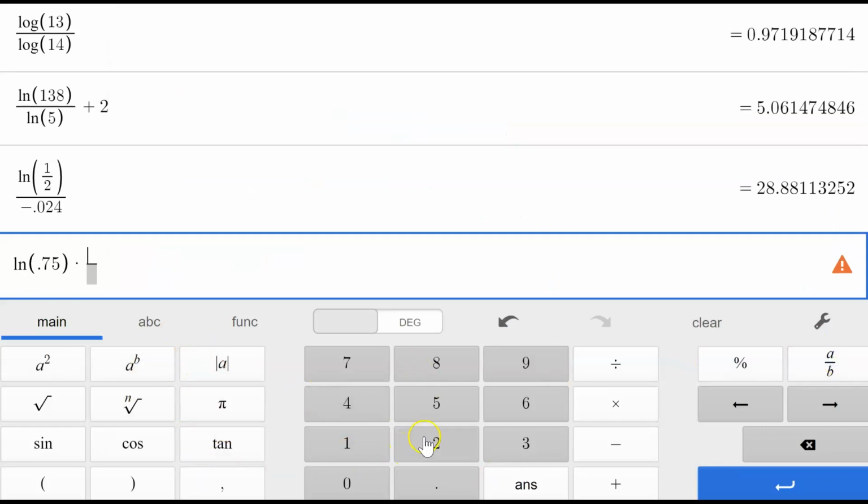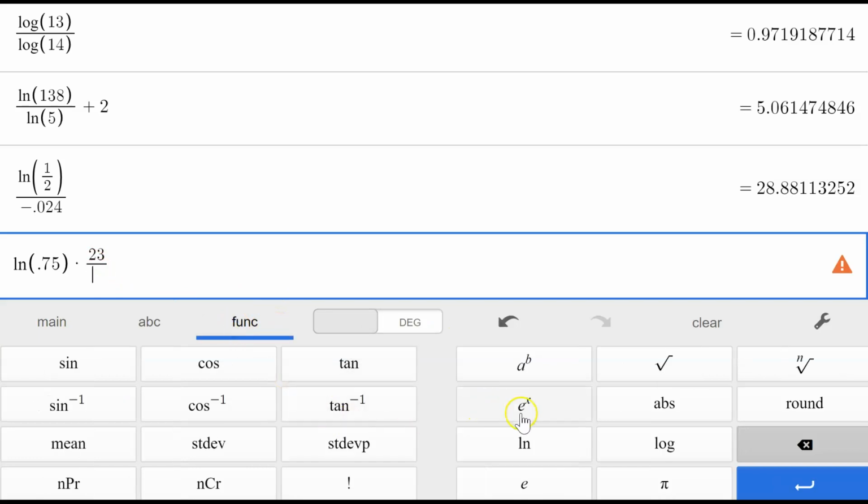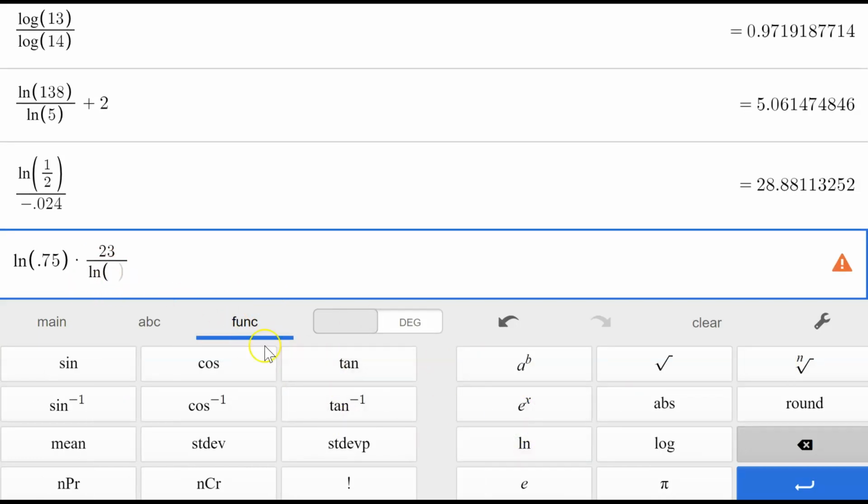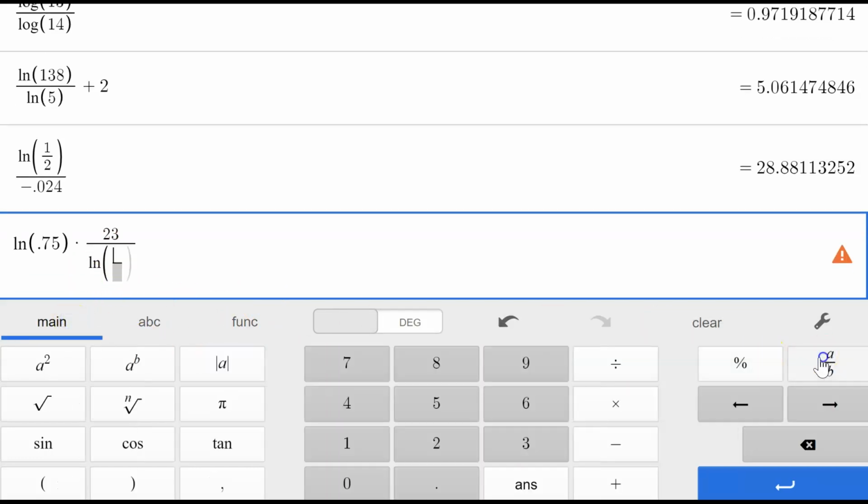So 23 in the numerator, and then you have ln of 1/2. It's really good to use this Desmos calculator. It's very user friendly. So therefore the answer is 9 point something, a decimal.